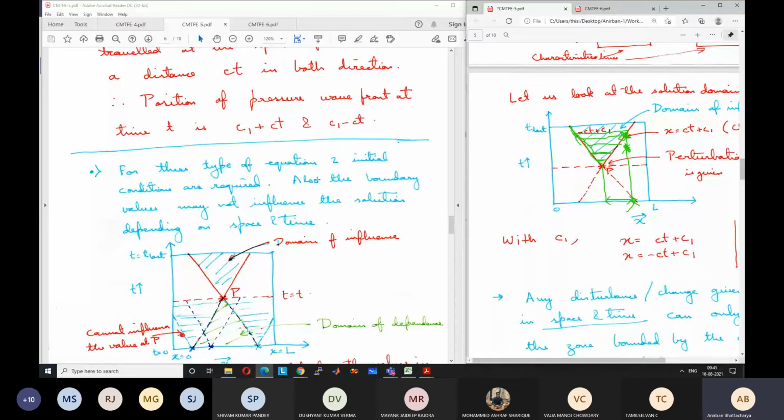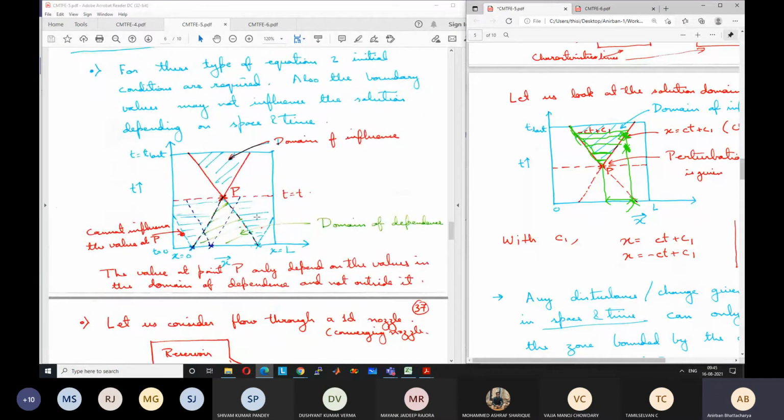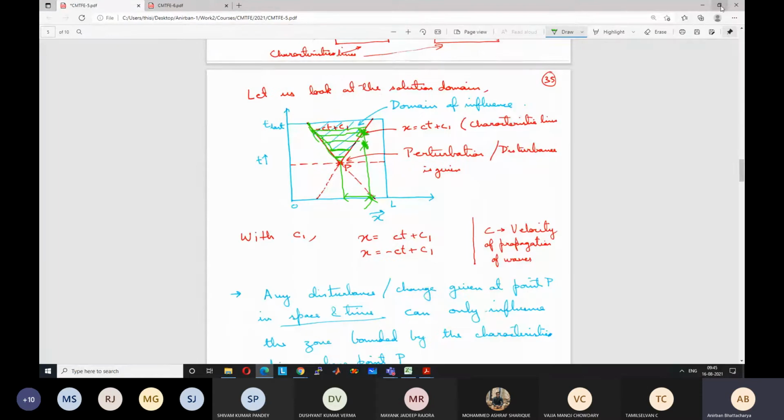Another point I will come to is that the boundary values may not influence the solution depending on space and time. It will influence the solution at some points, but not at all points. Why is this the case? Let us look at this diagram and try to understand what is happening.